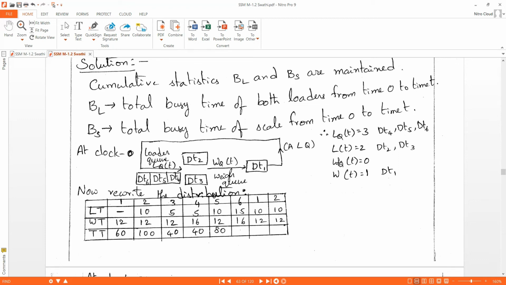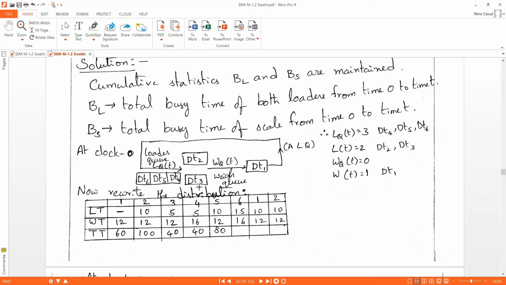Like this, from the question we write the parameters. Understood, right? DT1 is at the scale, so W of t is 1. And at simulation clock time 0, no one is waiting for the weighing machine, so WQ of t will be 0.